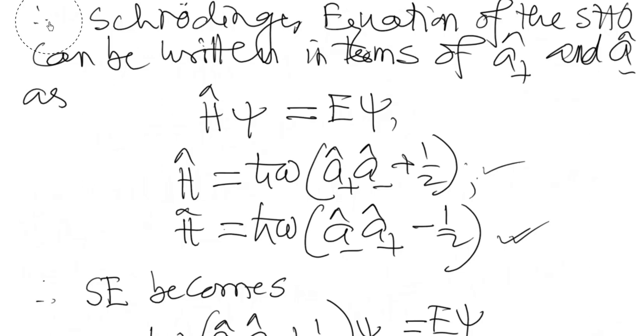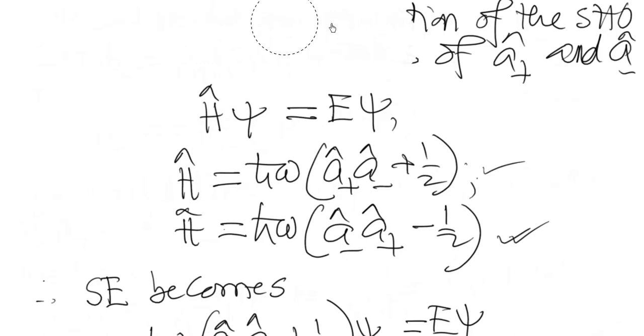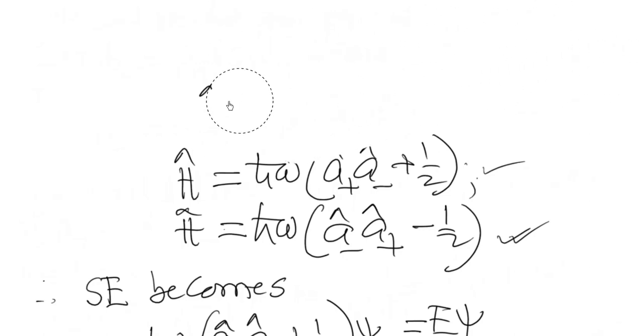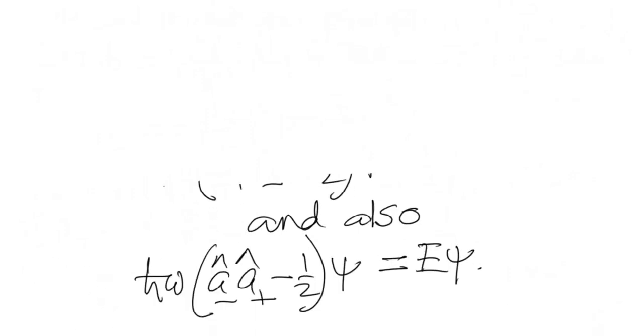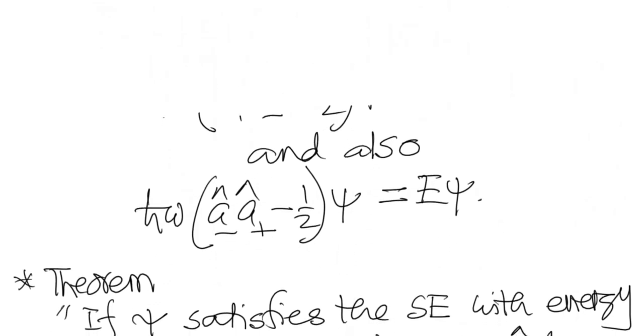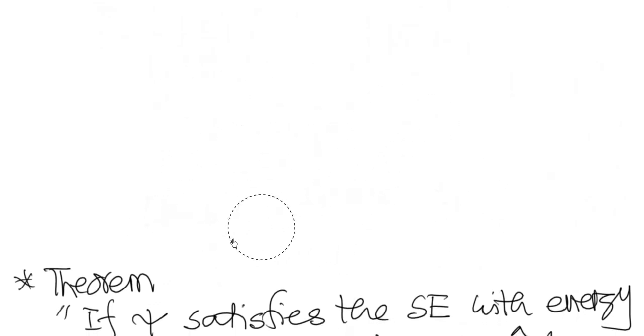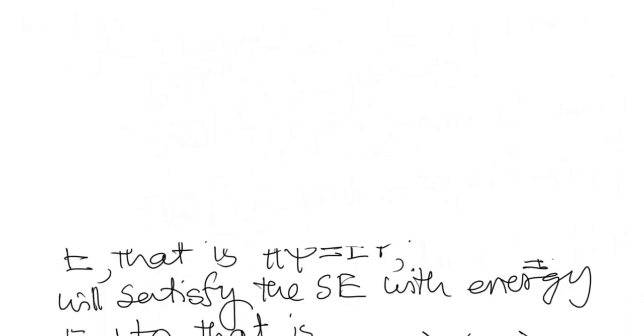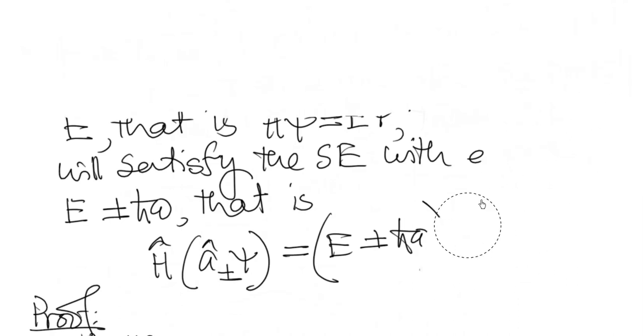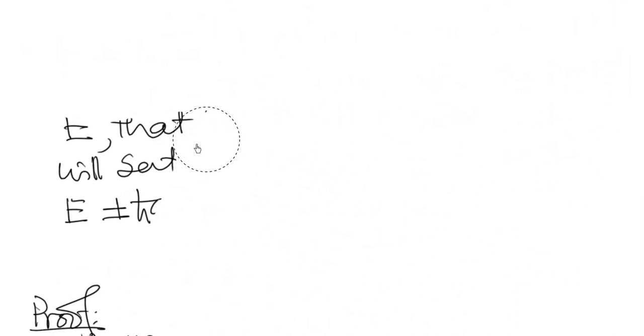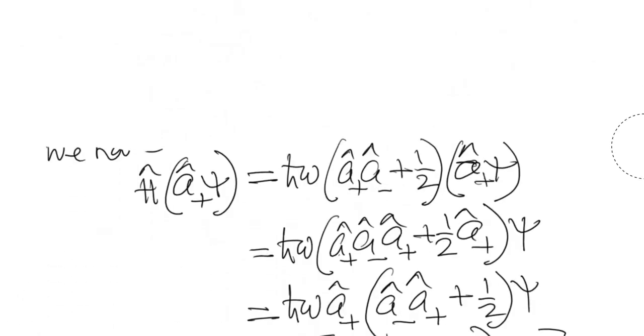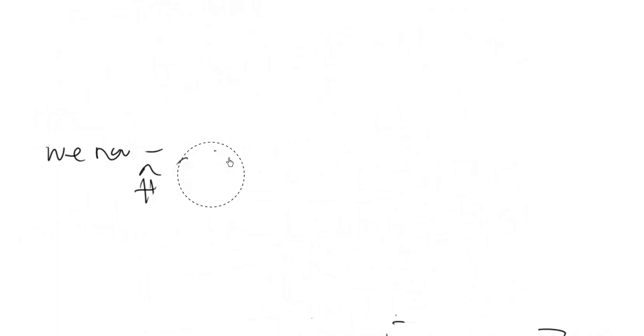But this continuation will somewhere end, because at a particular step the energy will be negative, and negative energy is not allowed for the simple harmonic oscillator. In that case we'll have to stop earlier, before the situation when we get negative energy of the oscillator. I'll show you.